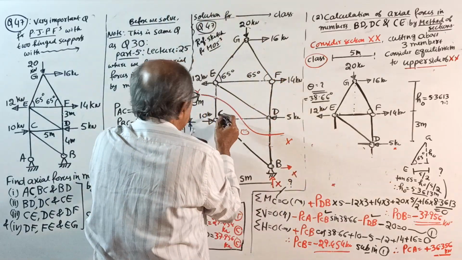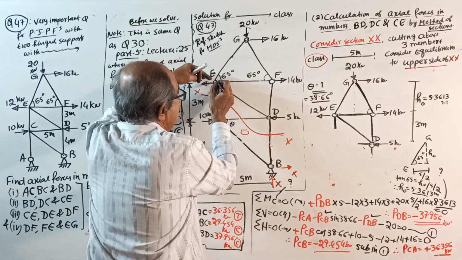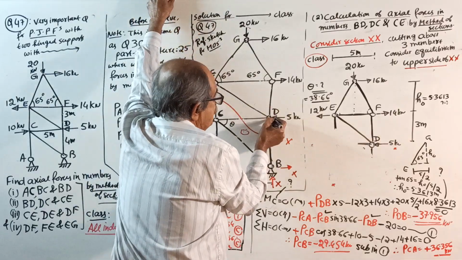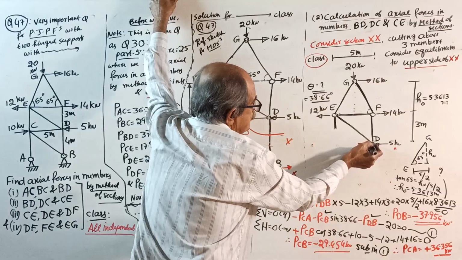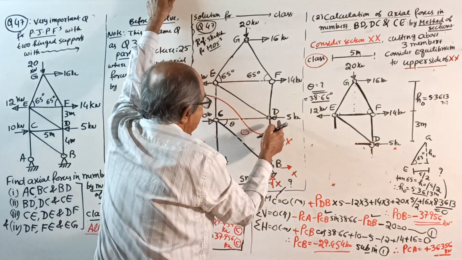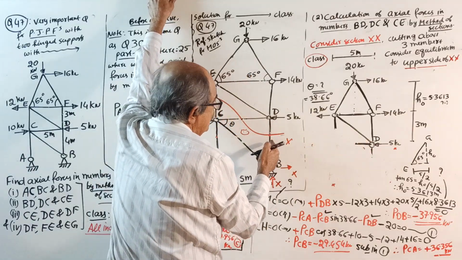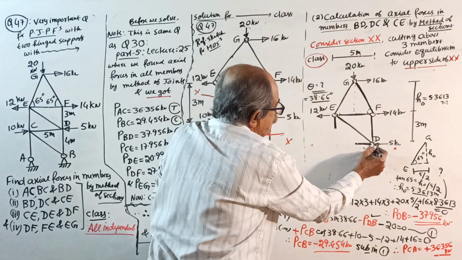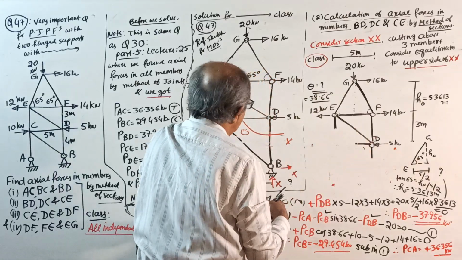You write correctly, see here. From E, a little distance more, up to here. From D, up to here. Then one more point, which one? This one, a little down. Show the cut here.